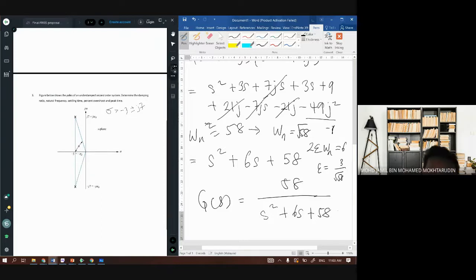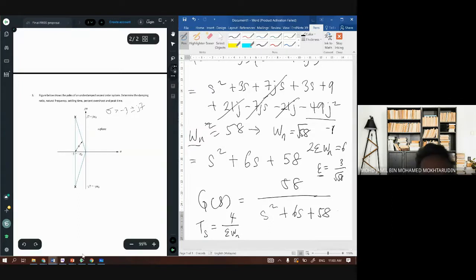And settling time, the formula is Ts equals 4 over omega n, you don't remember anymore. And percent overshoot, you just use the formula after you find omega n and damping ratio.